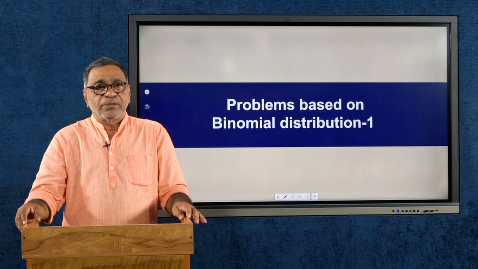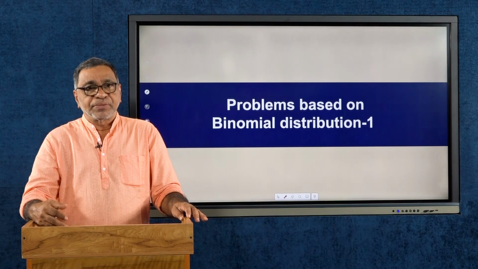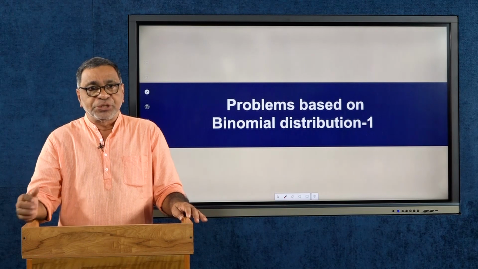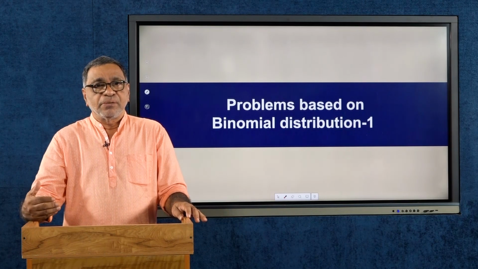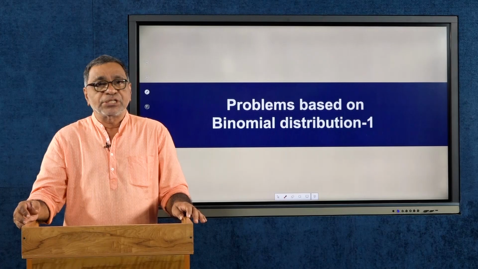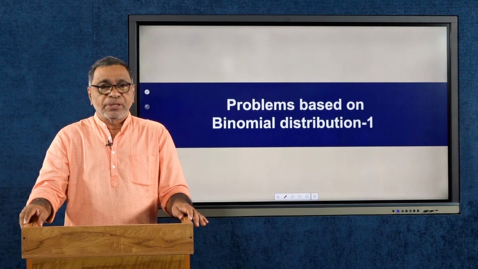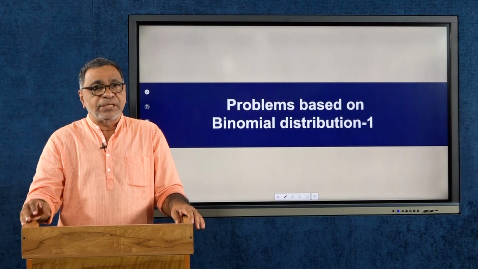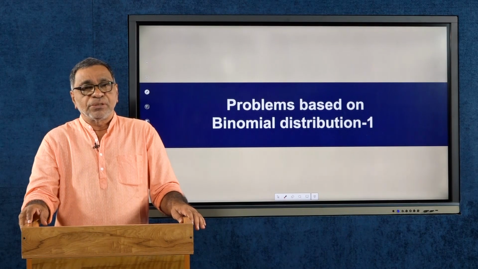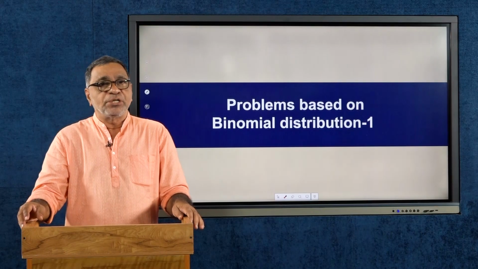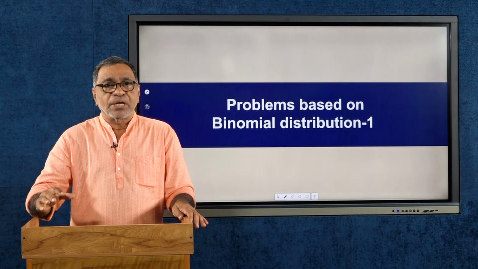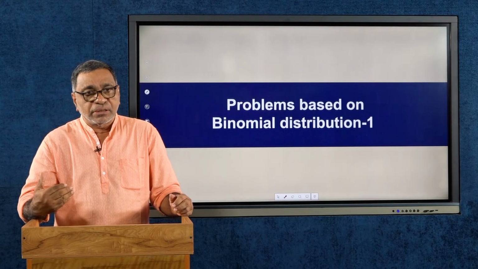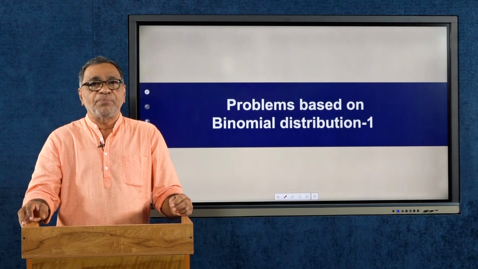After that, we discussed some important discrete distributions, that is, probability distributions of discrete random variables. Namely, we have discussed discrete uniform distribution, we have introduced Bernoulli distribution, we have considered binomial distribution, and then we have introduced the Poisson distribution.